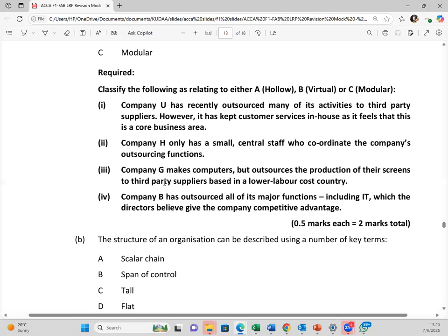So what can we say about this company, Company H? Which structure is it closely related to? Coletta is saying the virtual structure.